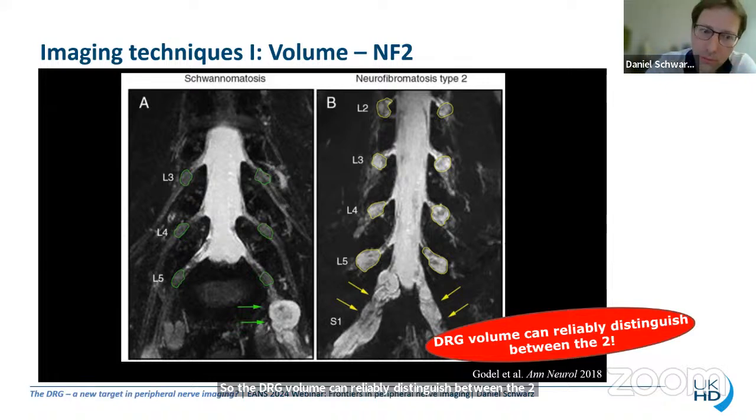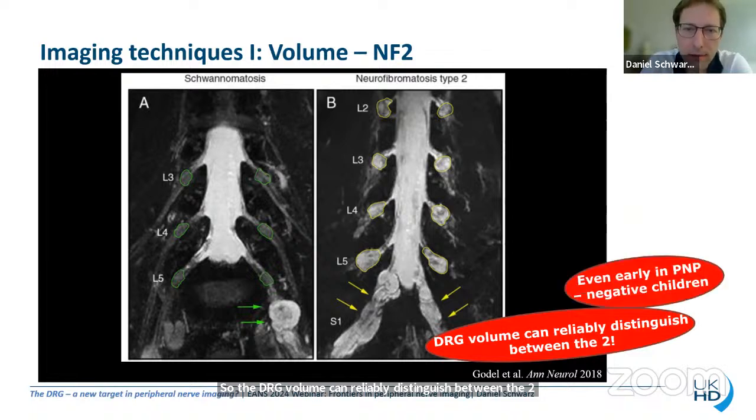And what was also found in a later follow-up study was that this is not only the case for adult patients, but you can even use the volume in children early on in their lives to diagnose NF2, even though those patients or those children don't feel any pain or don't feel any neuropathy at that time.